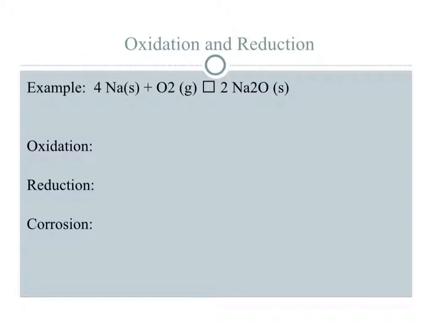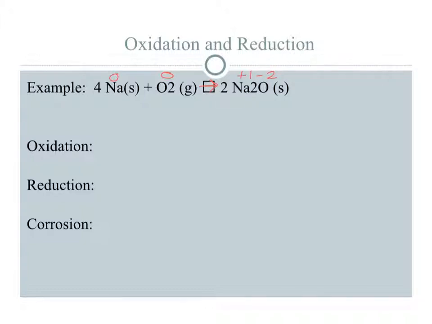Okay, other types of reactions that take place in solutions are oxidation and reduction reactions. So here we have an example of sodium and oxygen forming sodium oxide. Remember, as you recall from Regents chemistry, anything in the free state gets assigned a 0. This is -2.